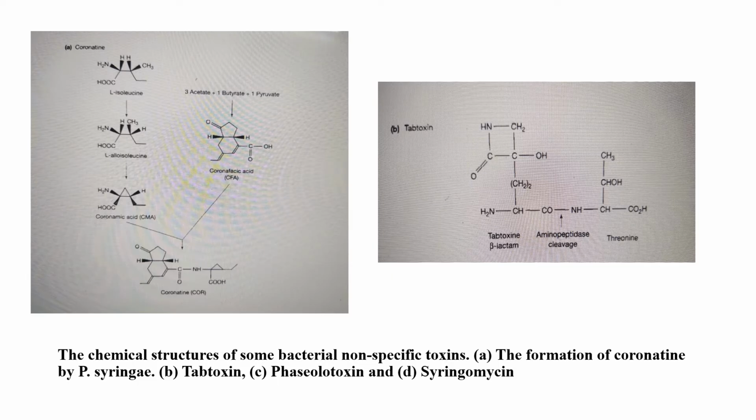These are the chemical structures of bacterial non-specific toxins that are formed: coronatine, tabtoxin, phaseolotoxin, and syringomycin.